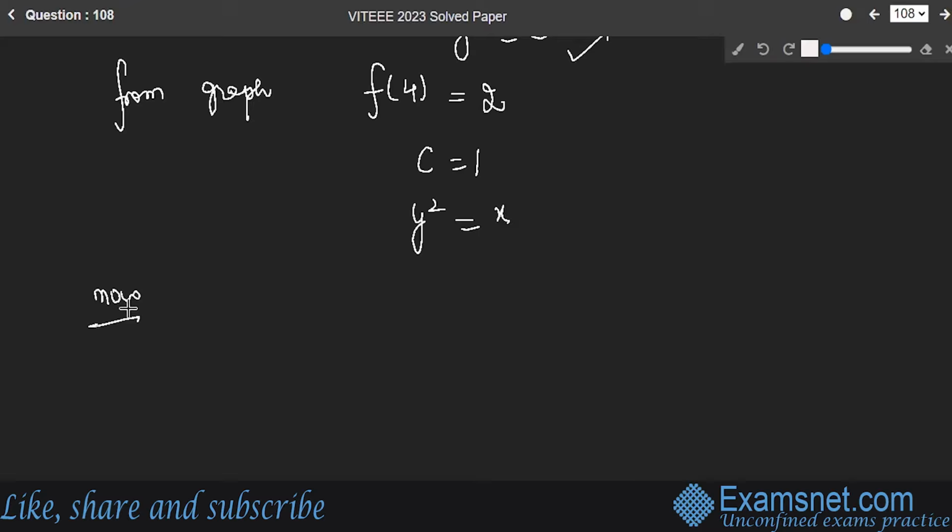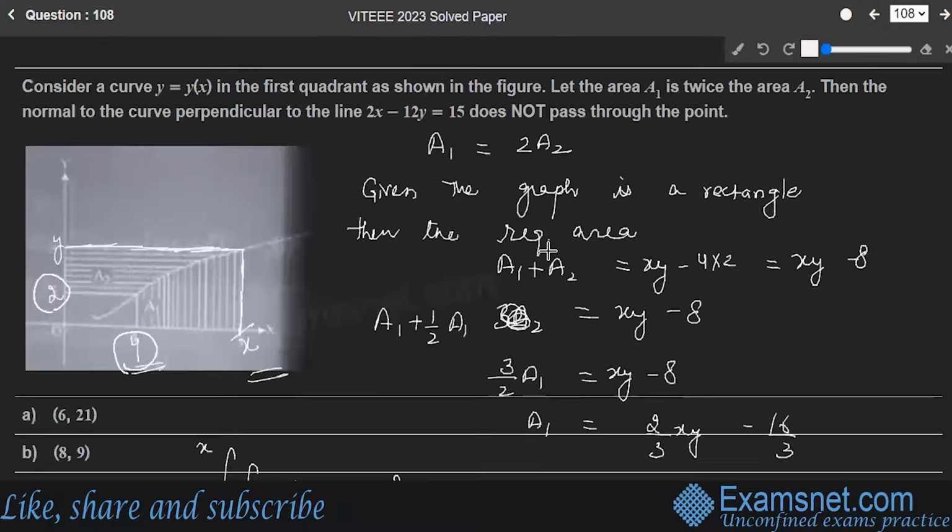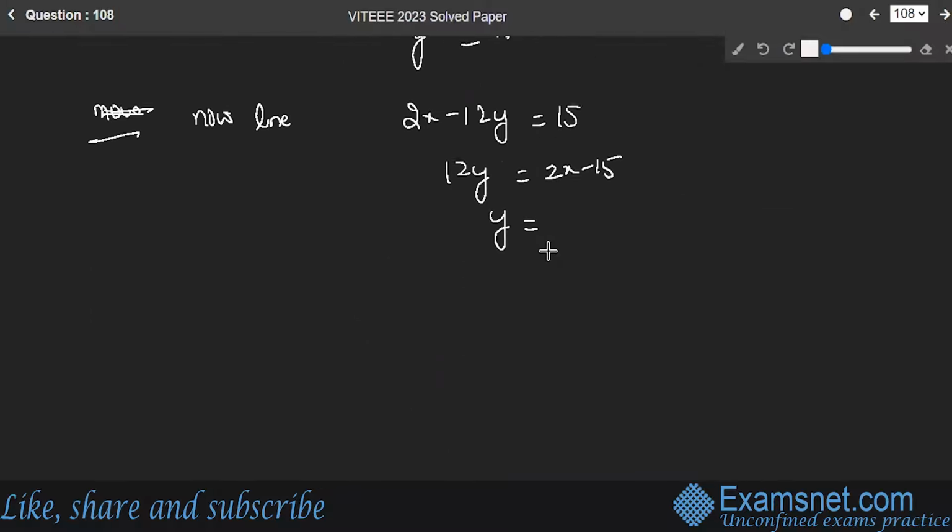Now the line was 2x minus 12y equal to 15, or 12y equal to 2x minus 15, which gives you y equal to 1 by 6 x minus this.